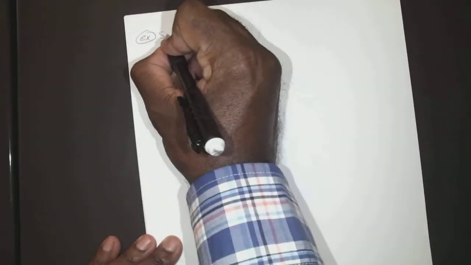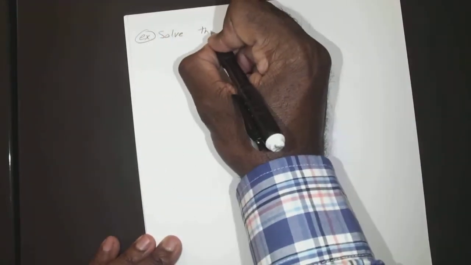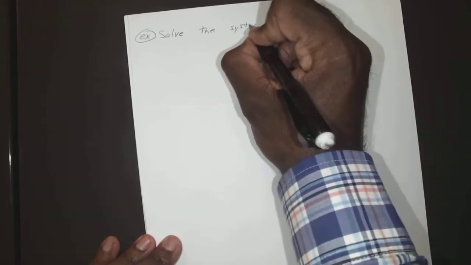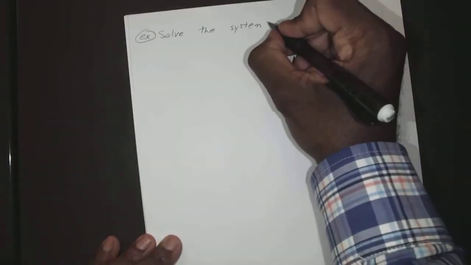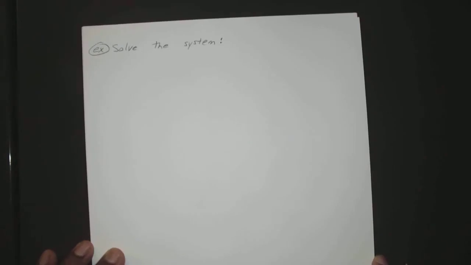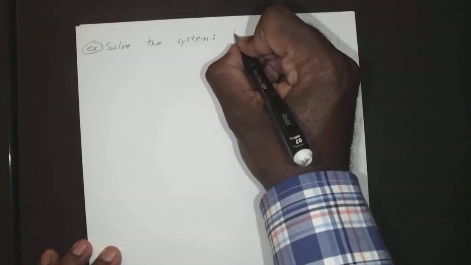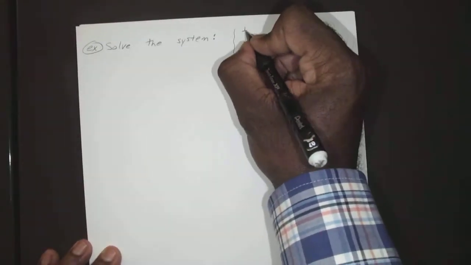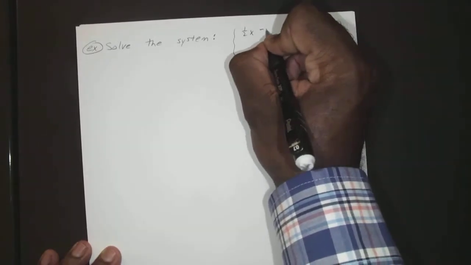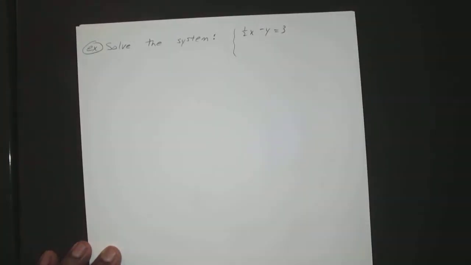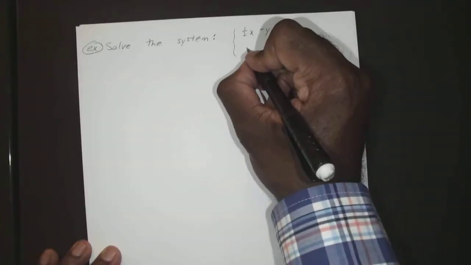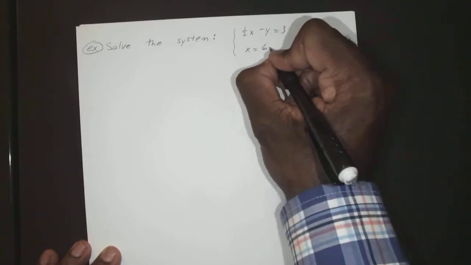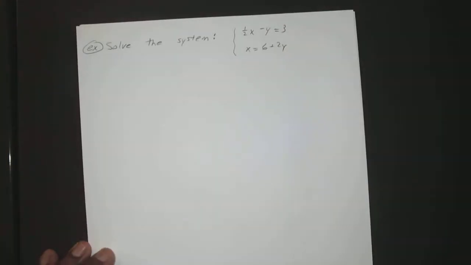Okay, so what if you wanted to solve the system: 1/2 times x minus y equals 3, and x equals 6 plus 2y.